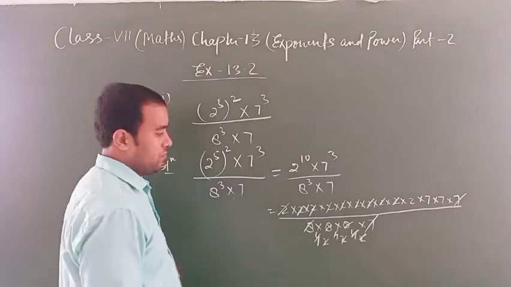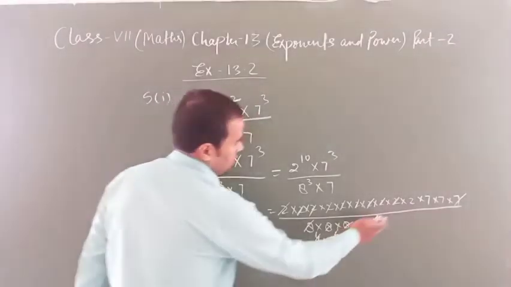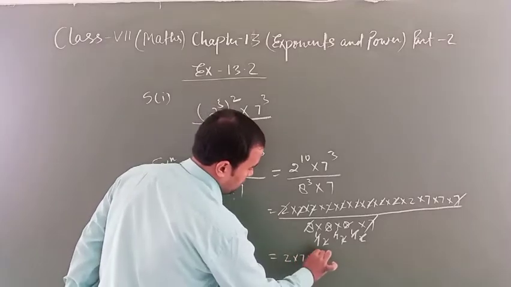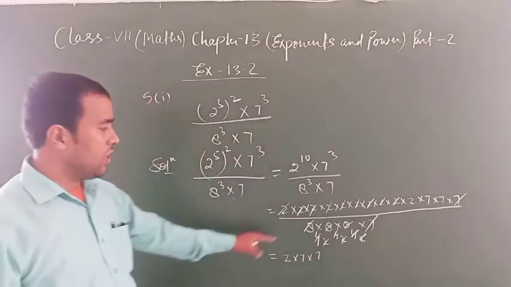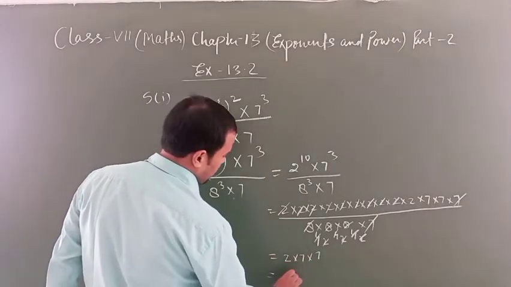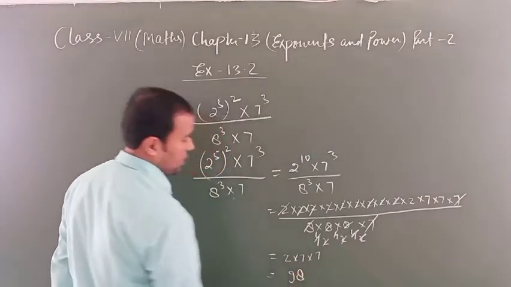Clear? Rest of the numbers we can write. Here is 2 multiple 7 multiple 7, and downside no number is there. 2 sevens are 14, 7 fourteens are 98.